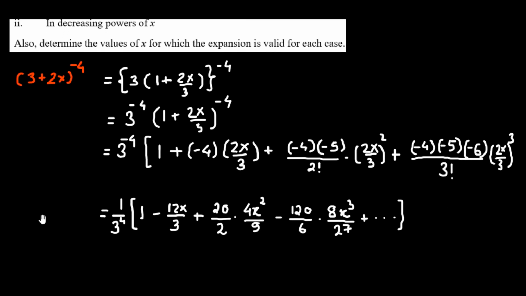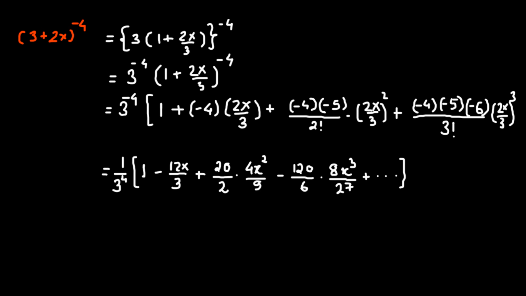On further simplification, we should get 3 raised to the power 4 will be 9 times 9, which is 81, times 1 minus, so 12 over 3 is going to be 4x, plus 20 over 2 is 10, so 10 times 4 is 40, so we have 40 over 9 x squared.